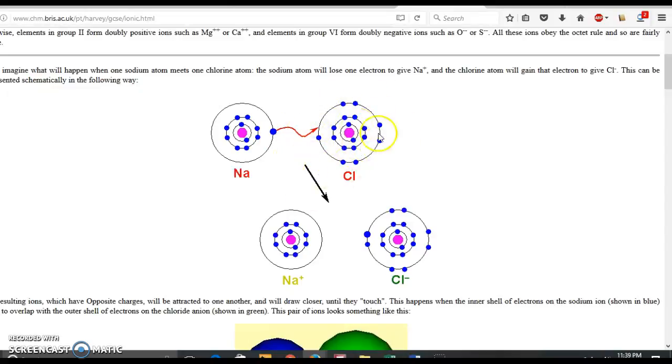Now in this example it's chlorine, where the chlorine takes the free electron and forms an anion. It's negatively charged, and now chlorine has a complete octet.